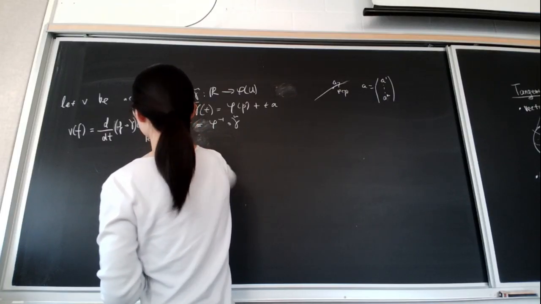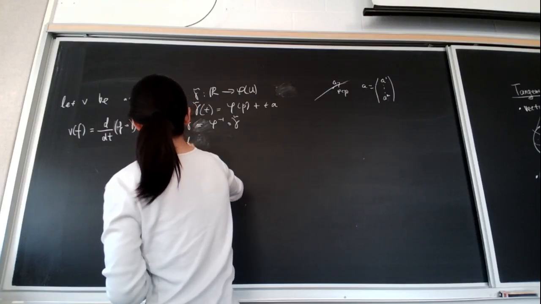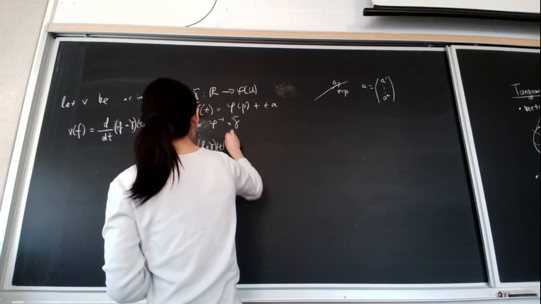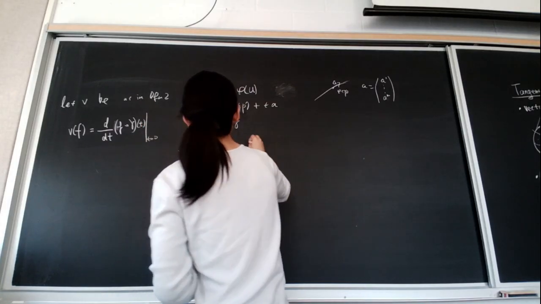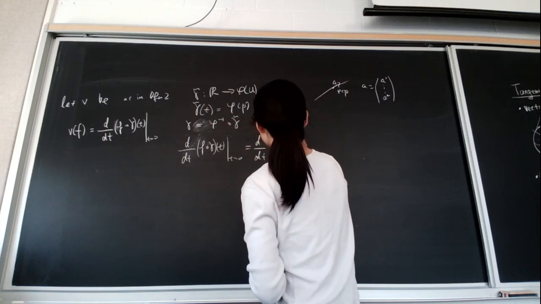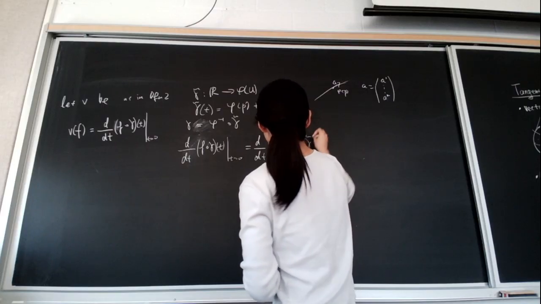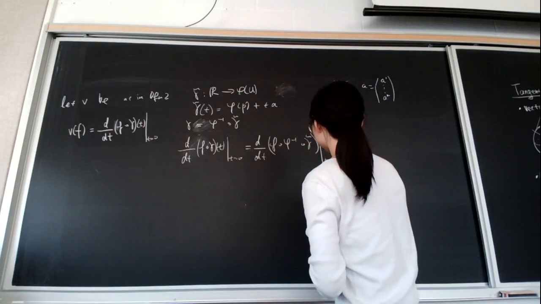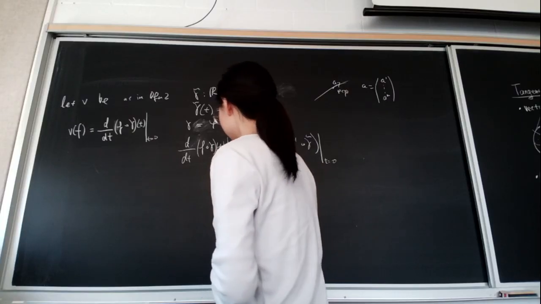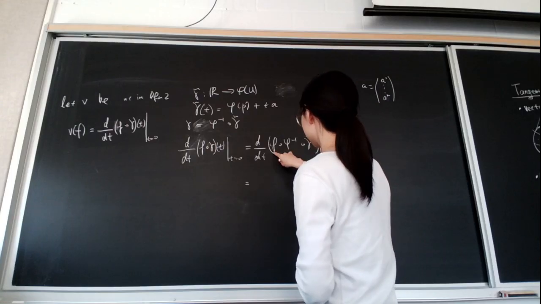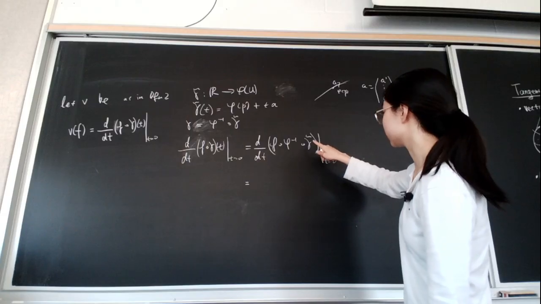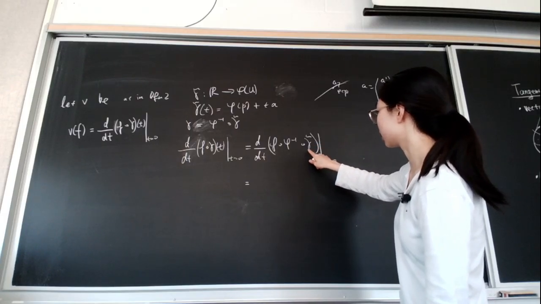So we just substitute this in here. And notice that this is a function from Rn to R, and this is a function from R to Rn.